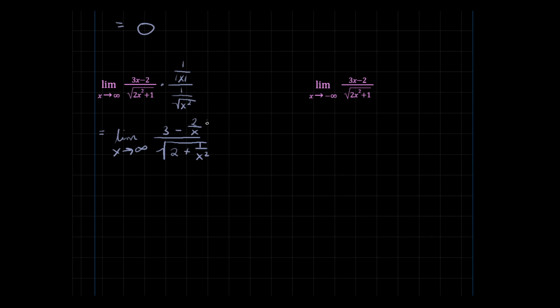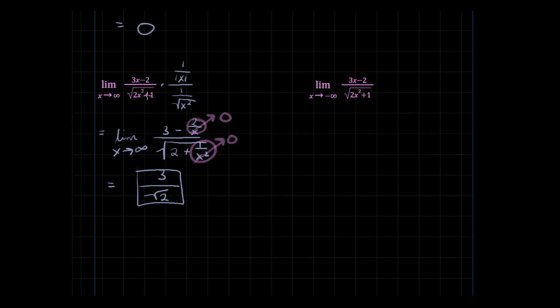And then what happens? Well, this part goes to 0, and that part goes to 0. And so overall, if we let x go ahead and shoot off to infinity, we get a 3 on top and a square root of 2 on the bottom. And there's your limit.